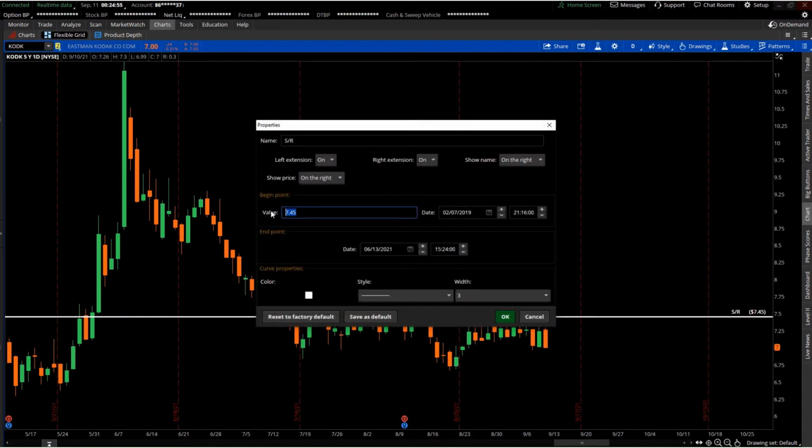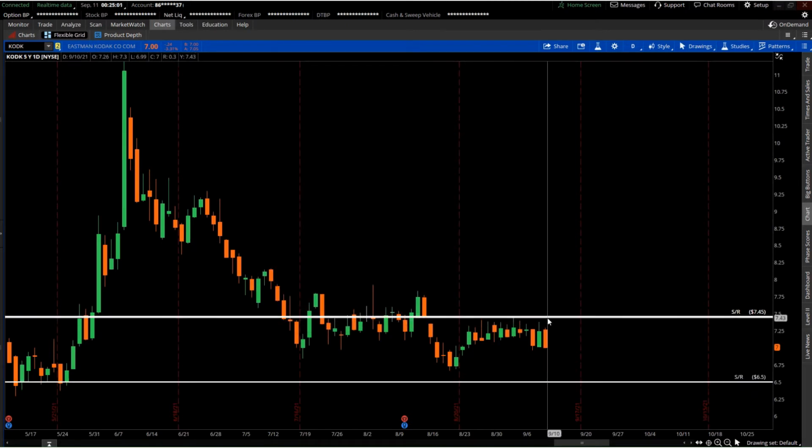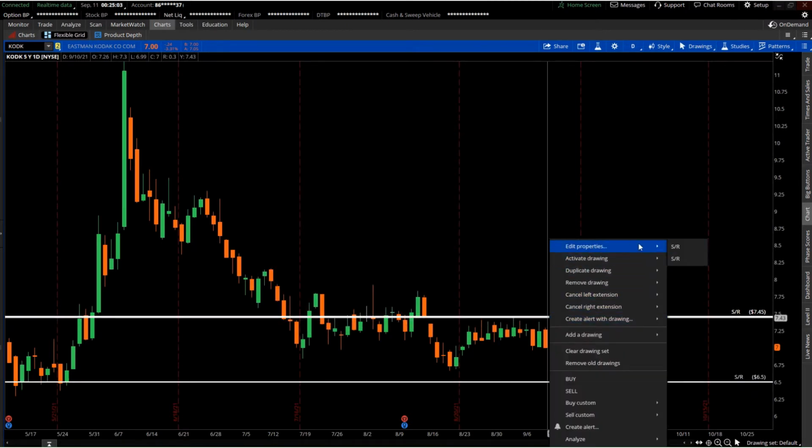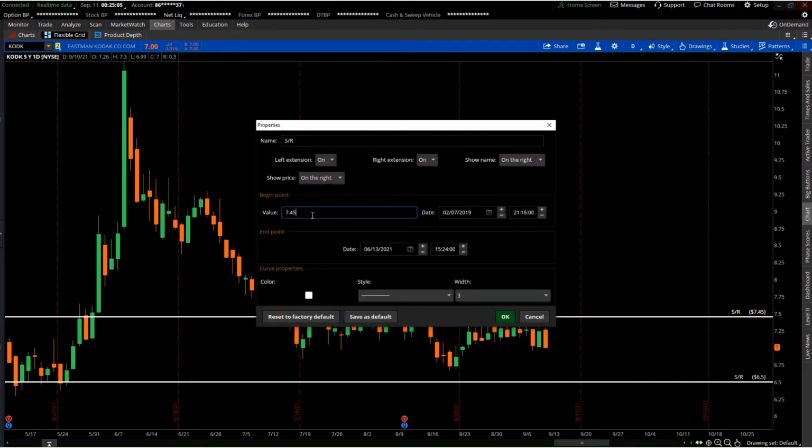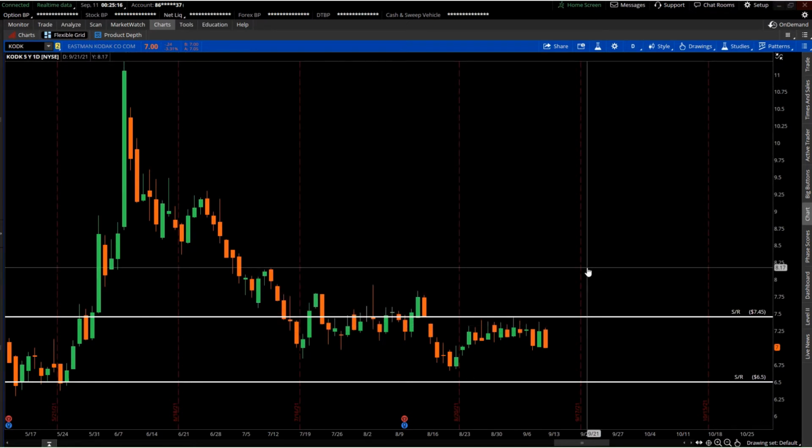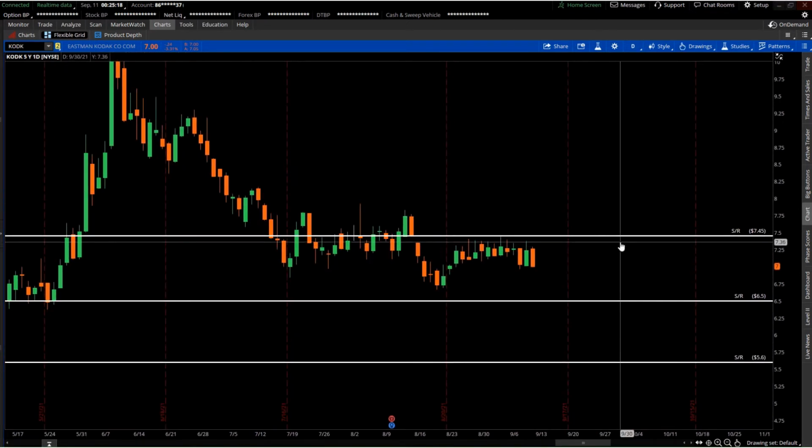One being the 6.50, and the last support resistance level that I feel would come into play is the 5.60 price level. So these are the three local support resistance levels.